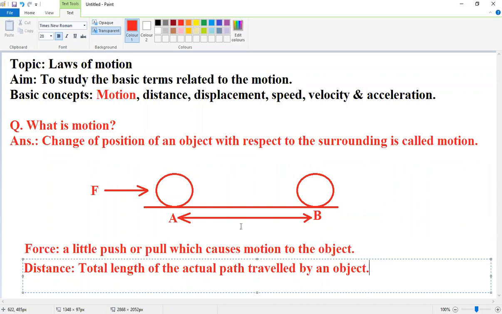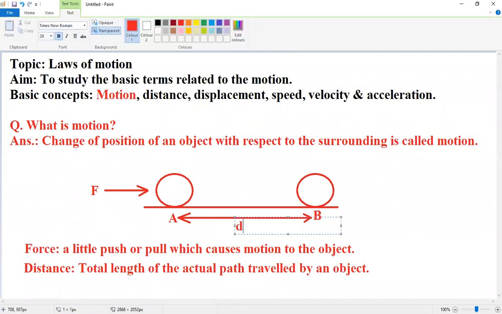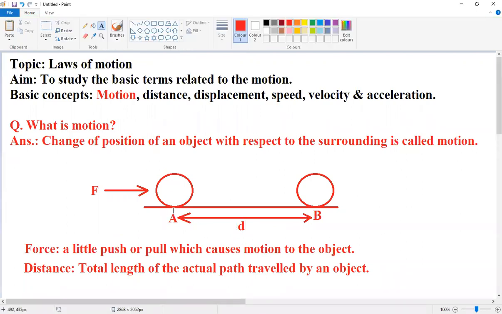We will mention small d, which is used to represent distance traveled by an object. Obviously, in between these two points there is a certain length.